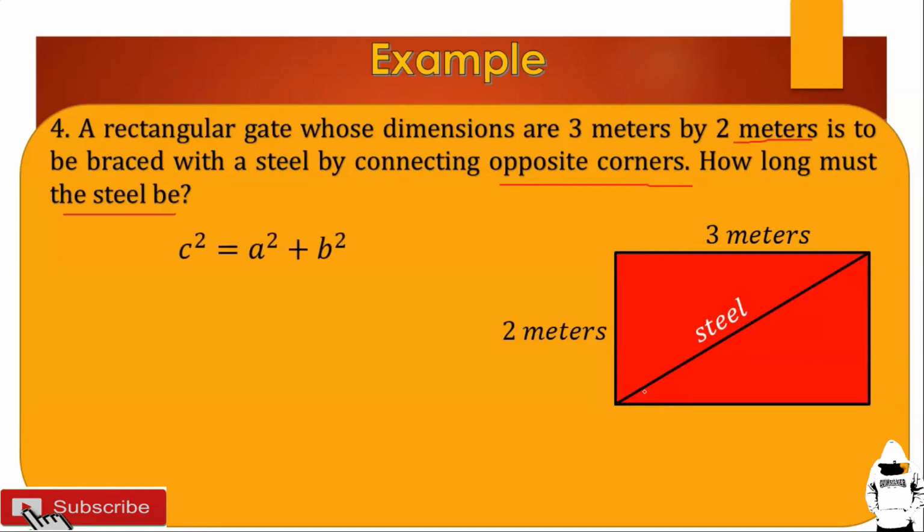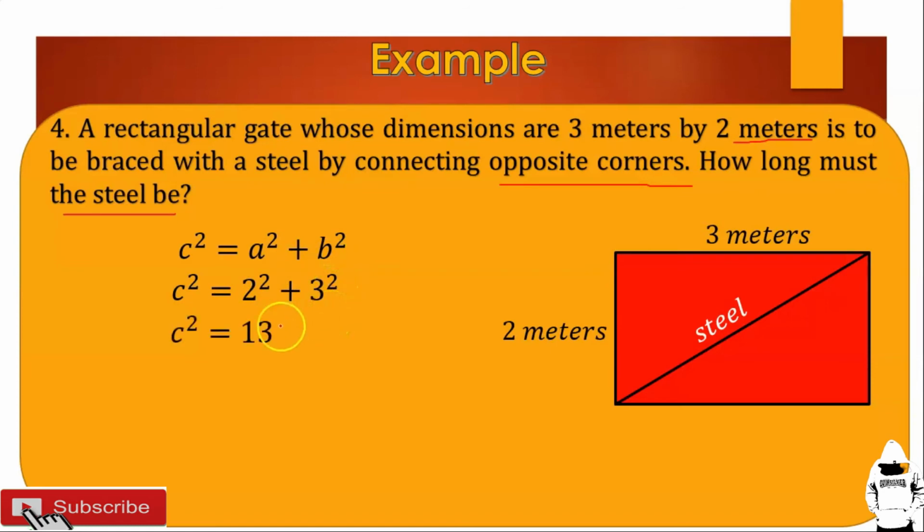Okay? So, by using the formula, we have C squared is equal to A squared plus B squared. Yung steel po natin yan, yun yung hypotenuse po natin. Okay? Since rectangle po ito, ibig sabihin right triangle po ito. Okay? So, by substitution, we have C squared is equal to ang A natin, which is 2. So, we have a square of 2 plus yung B natin is 3. So, we have a square of 3.